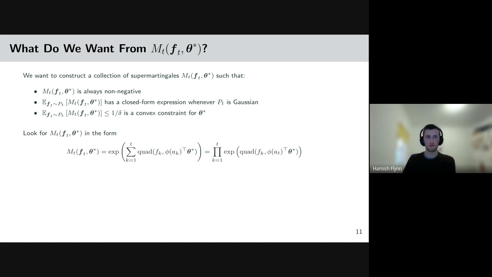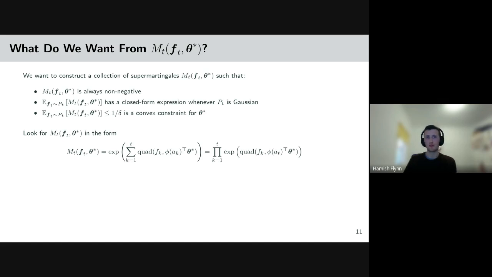So with all this in mind, we could look for a collection of the following form. M_t is the product from k equals 1 to t of the exponential of some quadratic function of f_t and phi of a times theta star. Clearly this is going to be non-negative. And if we choose the quadratic bit well, then M_t will look like a Gaussian density function of f_t, and we'll be able to use Gaussian integration tricks to find a closed form expression for the mixture.